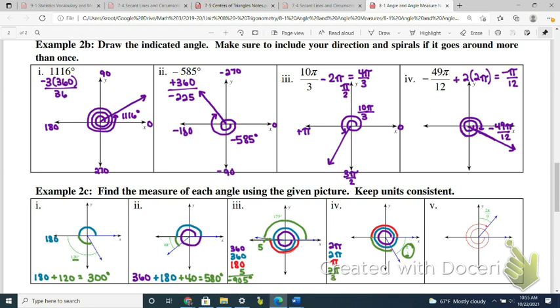So we add our numbers and we keep our pi's. So it's 2 plus 2 plus 1 plus 2/3, and we turn it into a fraction, and you get 17 pi over 3. And it was in a positive direction, so it's a positive radian.